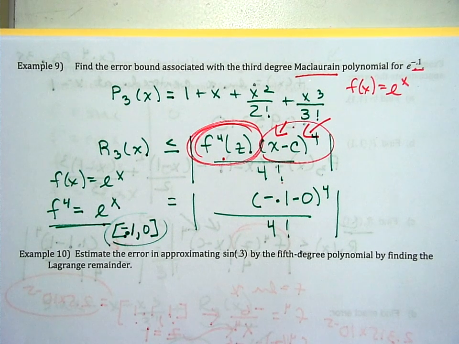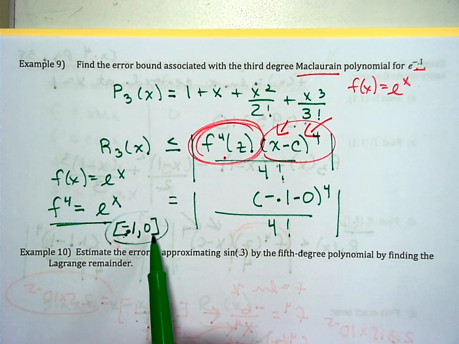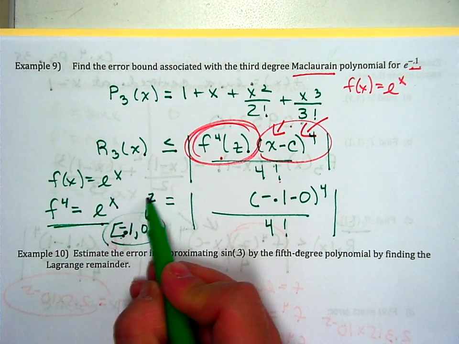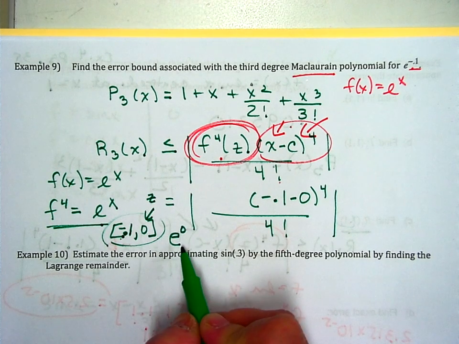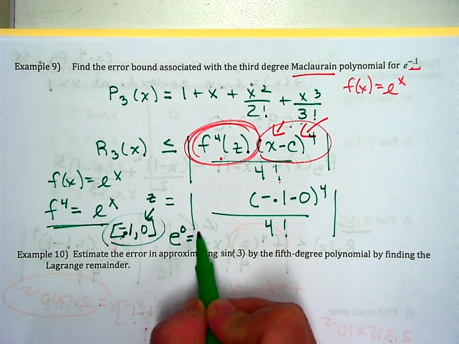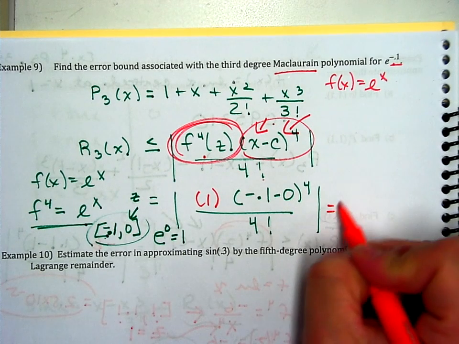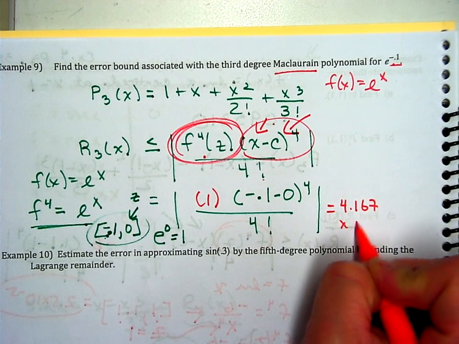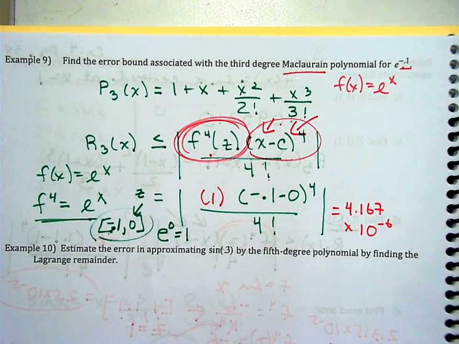It will always be one of these endpoints here. It's not going to be a number in the middle, and it's actually when x equals 0, or we call this our z value. So the maximum value of the derivative is really e to the 0, which is 1. So that's what I'm going to plug in here. And if you punch this out on your calculator, this should be 4.67 times 10 to the negative 6. So again, that's still a pretty small error from just using a third degree.